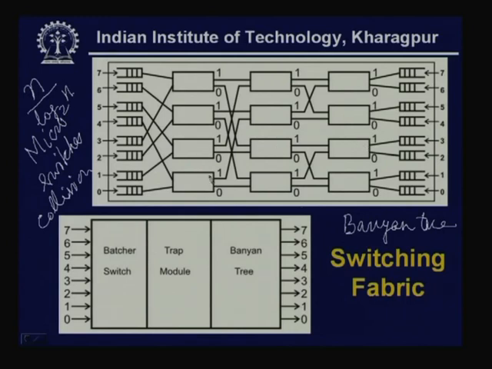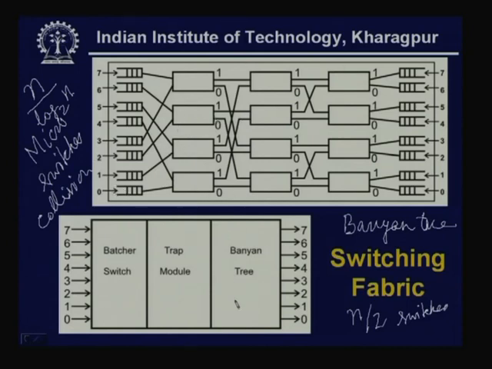Here the number is 8, so it will have 3 stages as you can see, and in each stage there will be about n by 2 micro switches. n by 2 is 4, so we have 4 micro switches and 3 stages in this 8 by 8 switch. Unfortunately, as I mentioned, because of internal collision, even for different destinations coming from different input sources, there can be internal collision.